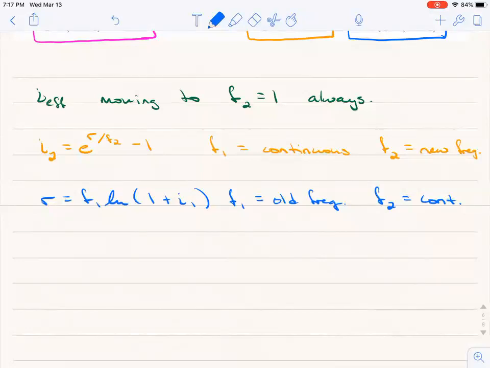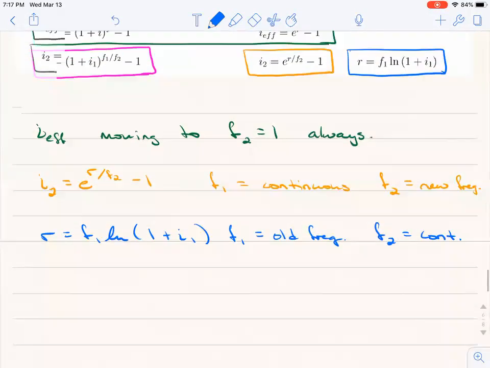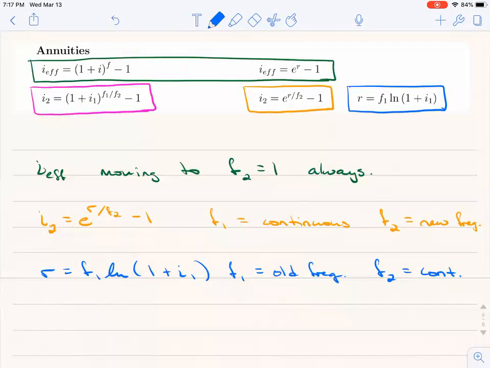But as you probably noticed, continuously compounded frequencies are pretty rare. They'll never come up in a long answer question. And so the effective rates you don't even really need on there. These two are just for moving to or from continuously compounded, which are really rare.